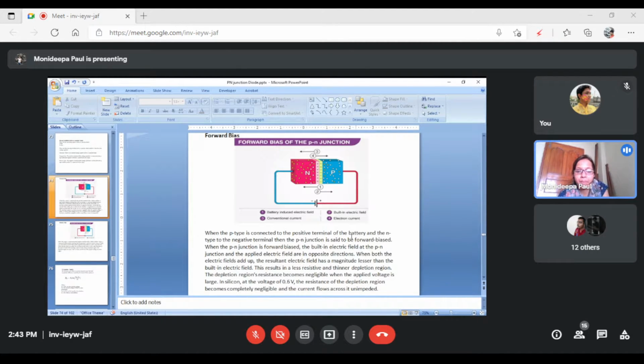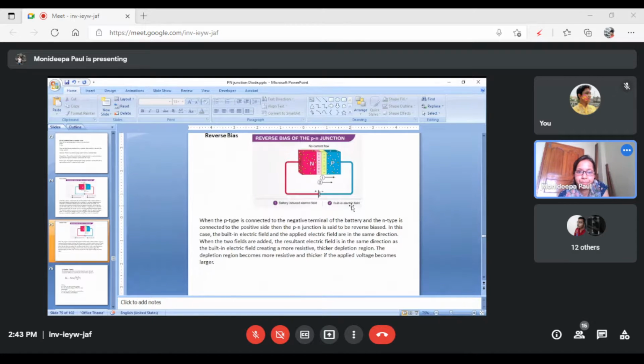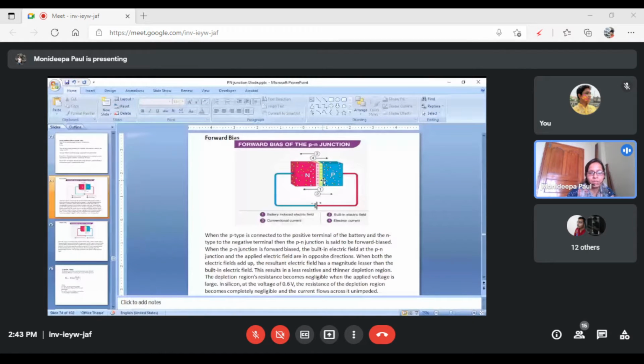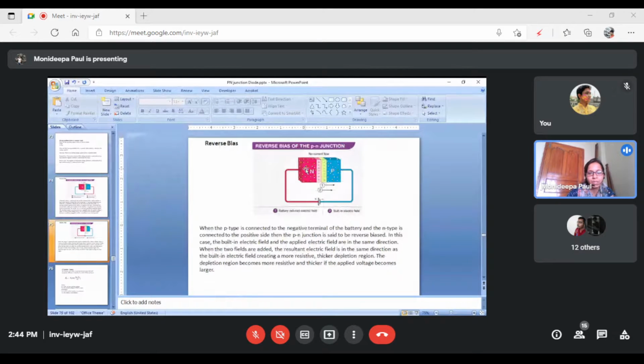Similar thing in reverse bias. In forward bias, P is connected with the positive and N with the negative. In reverse bias, N is connected with the positive and P with the negative.